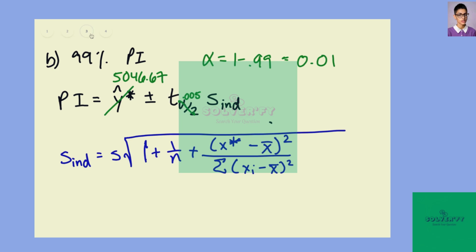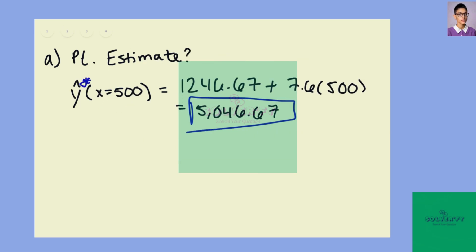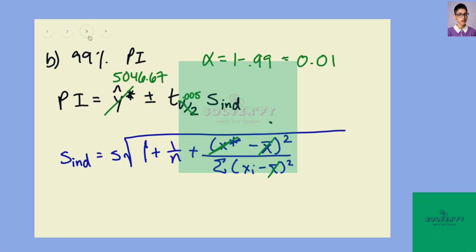We know that our x star is equal to 500, and we have 6 elements in our data set, so n is 6. All we need to do is come up with a standard deviation.